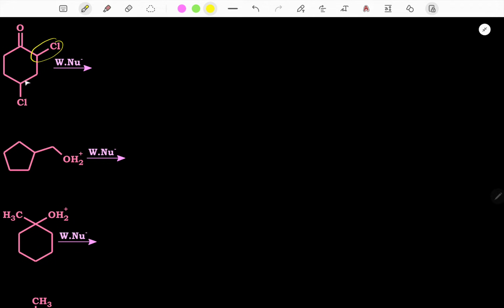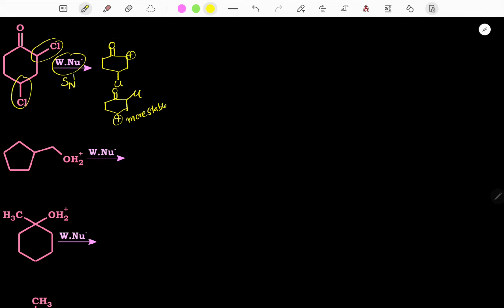Alkyl chloride with weak nucleophile. So in this case also the SN1 mechanism. So here also, what do we do, form 2 carbocations and compare stability. And among these two, which one is more stable? It is more stable because of more number of hyperconjugation.